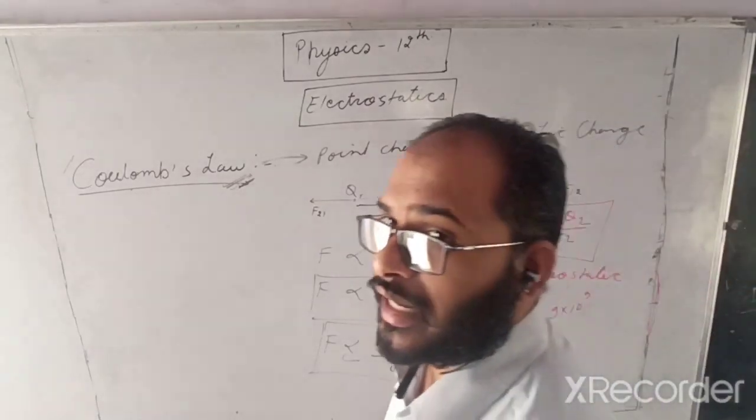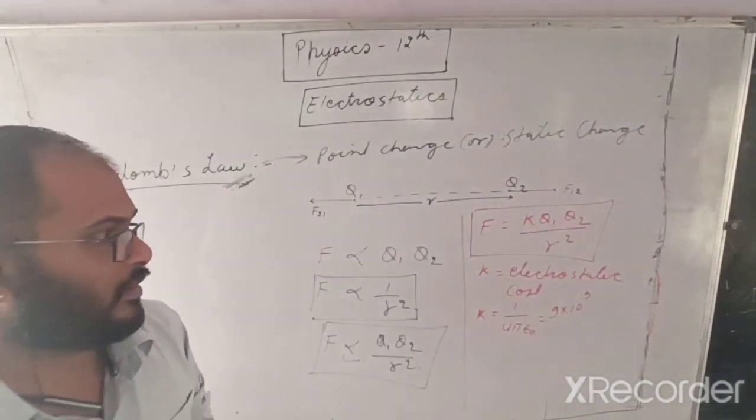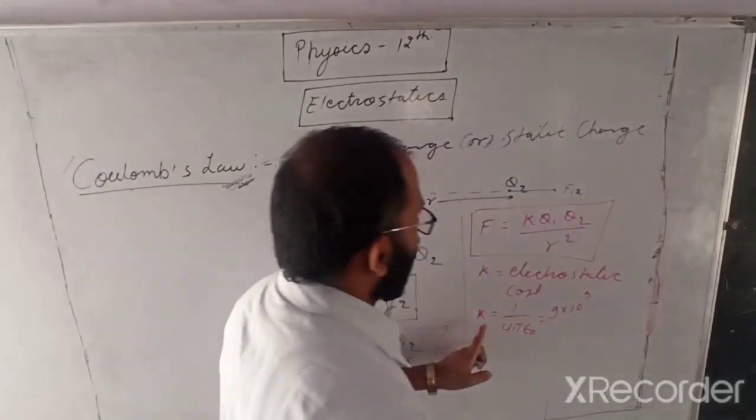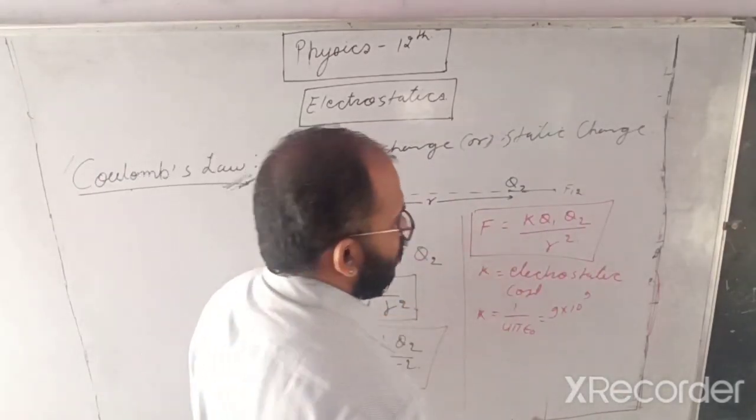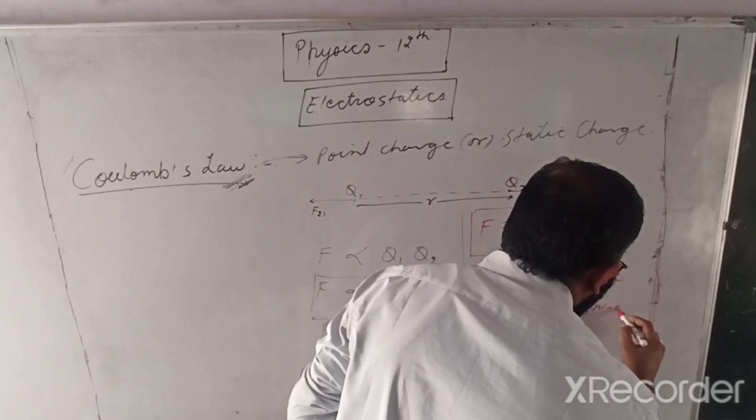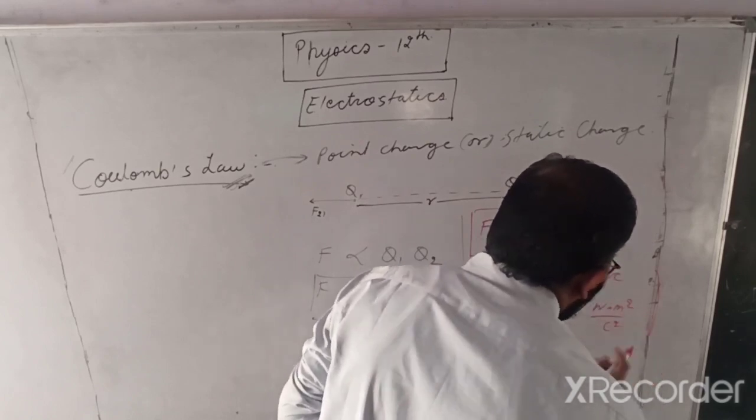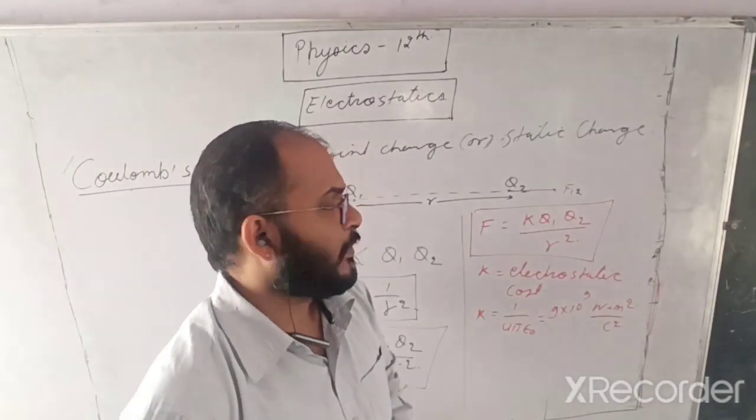The unit of the electrostatic constant is Newton meter square per Coulomb square.